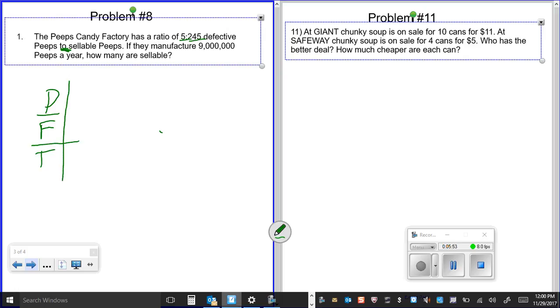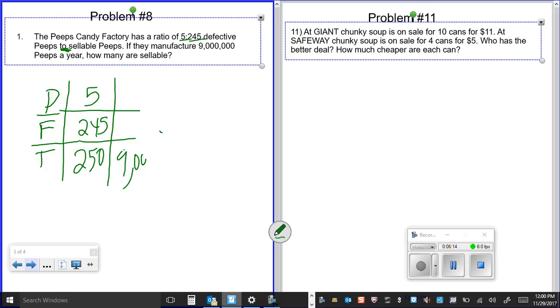So we're going to set up our grid as this. Defective, we know we have 5. And sellable, we're going to have 245. And the total is going to be 250. Now, if they create 9 million, how many are going to be sellable?